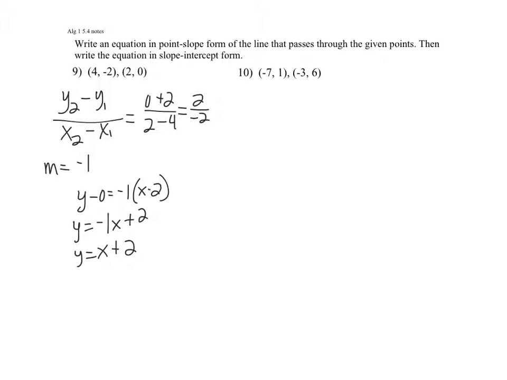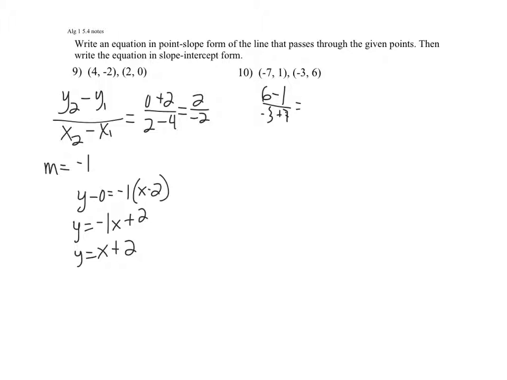Alright, so number 10, let's do our slope first. So we are going to have 6 minus 1 over negative 3 minus negative 7, so that's going to be plus 7. So, boy, that 3 doesn't look very good, but that's a negative 3 plus 7.